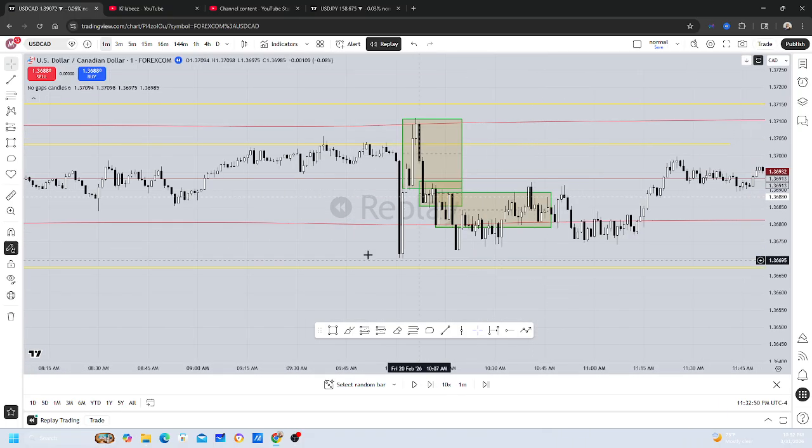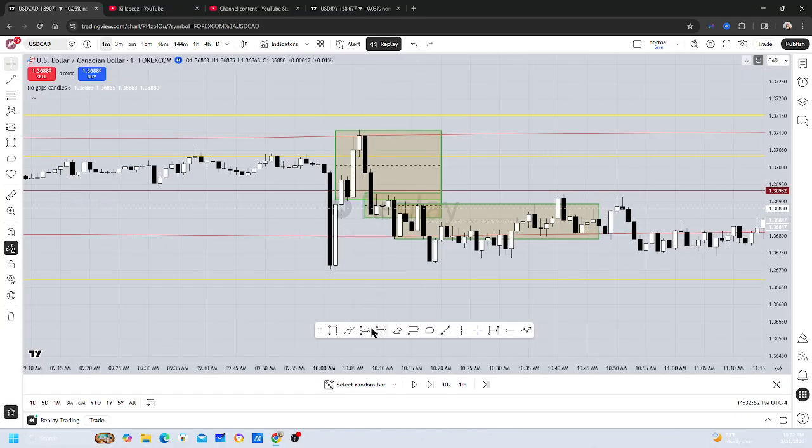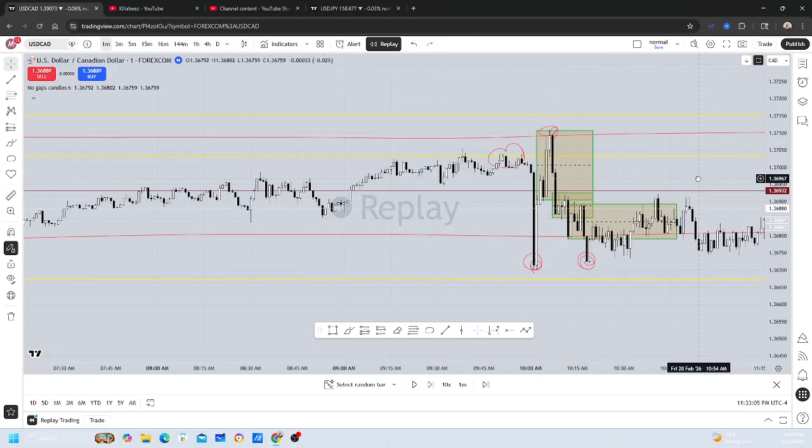When I said this is a weak equal low, I meant this. This is a high. This is a low. This is a high and this is a low. This high here, you would say, people say equal lows run the highs, right?